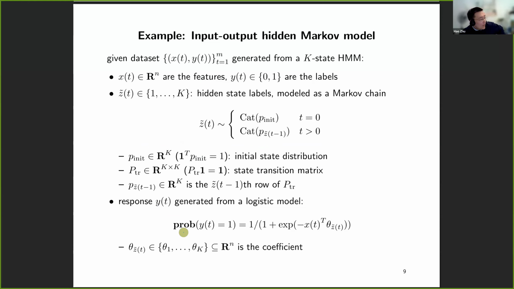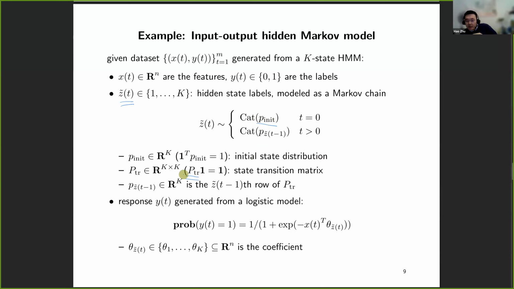Okay, so I will quickly go into an example that some of my colleagues are using in much more detail. It's called the input-output hidden Markov model. So maybe first, what a hidden Markov model is. In the end, we have a sequence of hidden states, say that's Z, right? It's from a Markov chain, and this Markov chain has an initial state distribution and also a transition matrix.